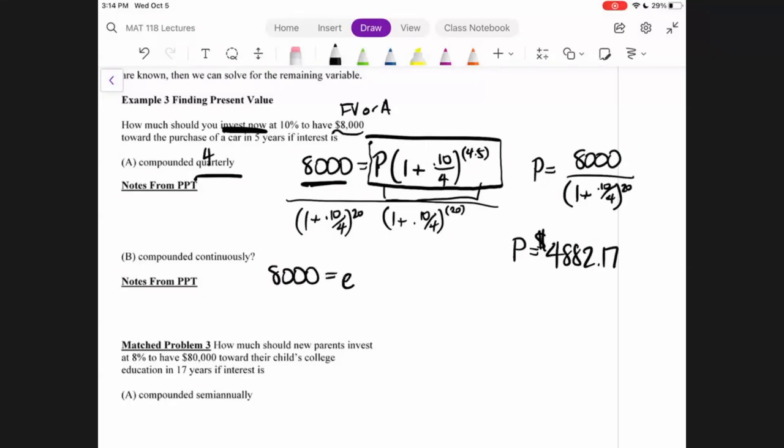And then your E, sorry, I need to delete this. I don't know my present value. And then E, and then my percent is 0.10. And then I'm timesing this by 5. So pretty much I need to just divide by the E part. So I divide by that.